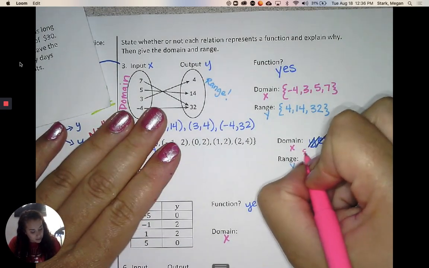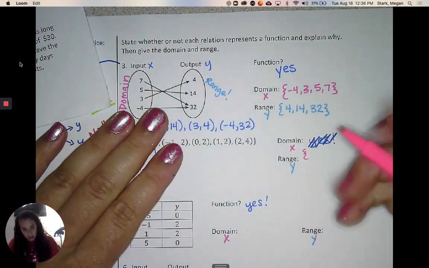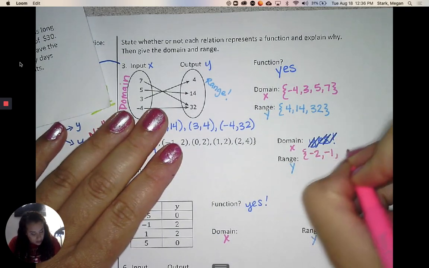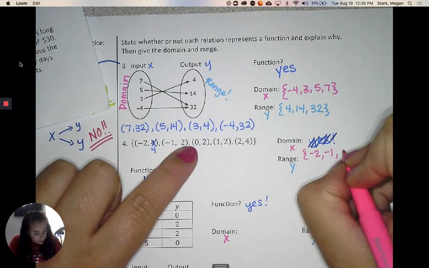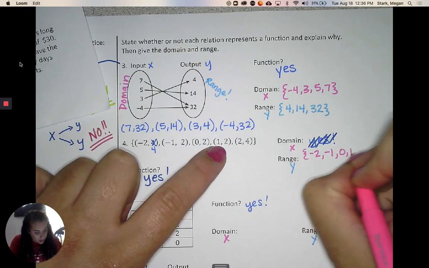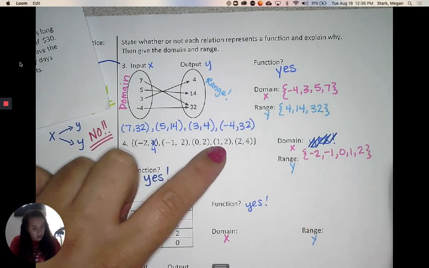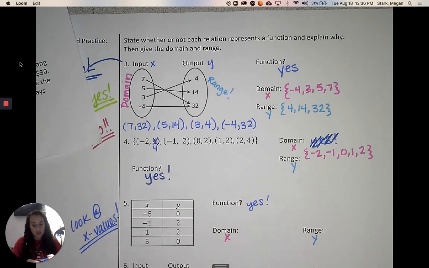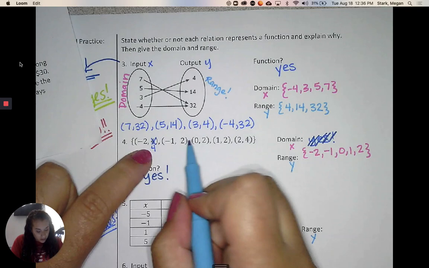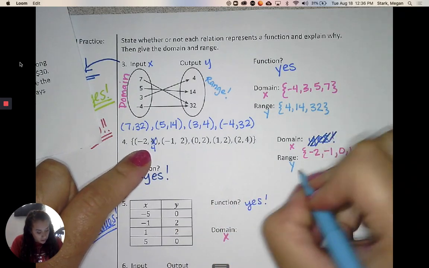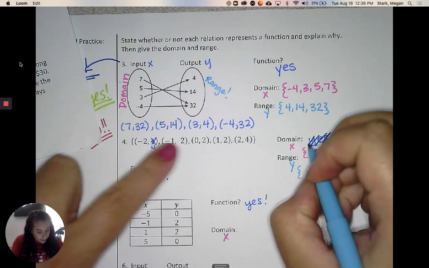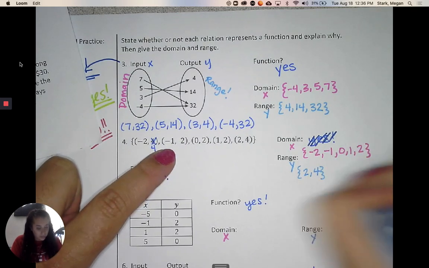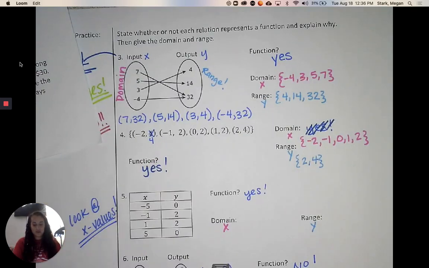So we have -2, -1, 0, 1, 2. And you're going to notice when you look at your y values that they're all the exact same. 4, 2, 2, 2, 4. So our range, smallest to largest, 2, 4.